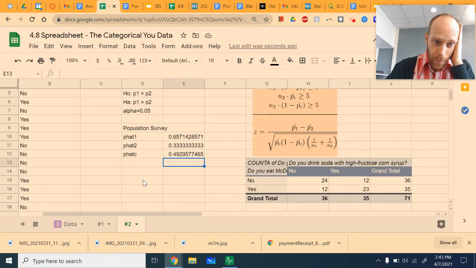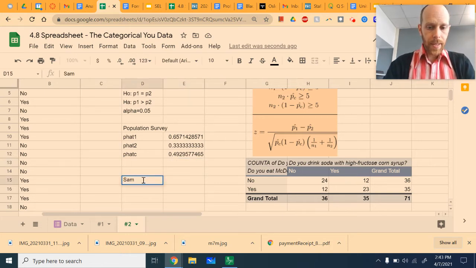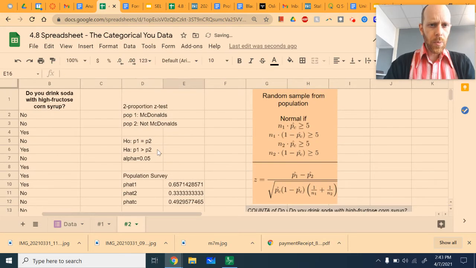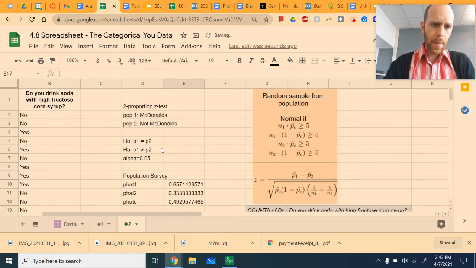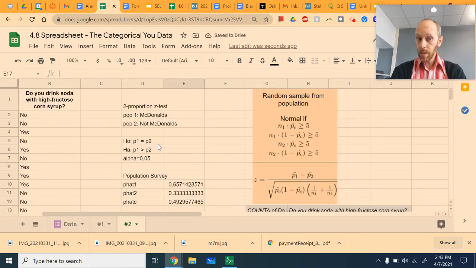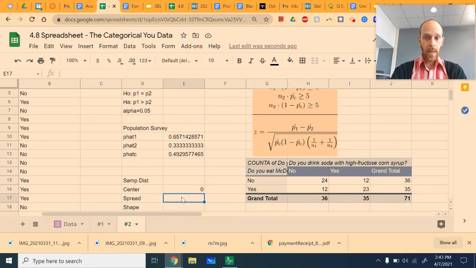All right, moving forward, we now need to talk about sampling distribution: the center, the spread, and the shape. Starting with the center, for these, we're always looking at 0. That's like saying that the null hypothesis is that the difference between the two proportions is 0. And for the spread, you're going to use this formula right here.